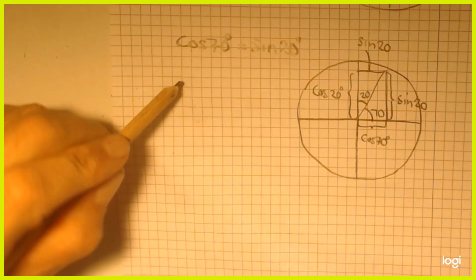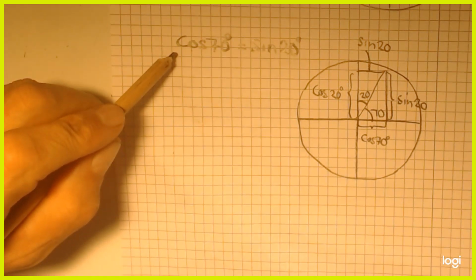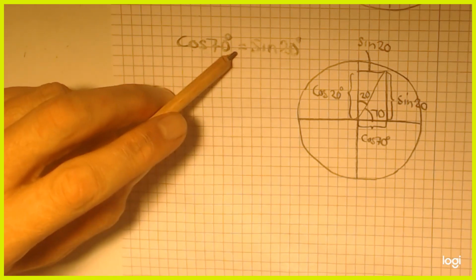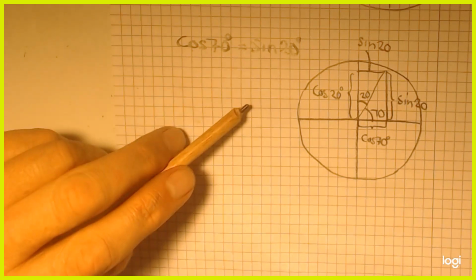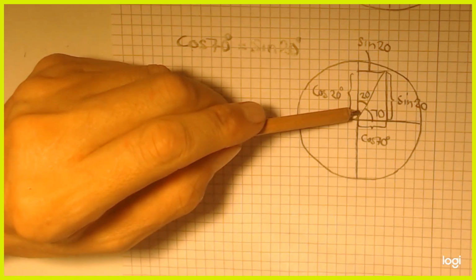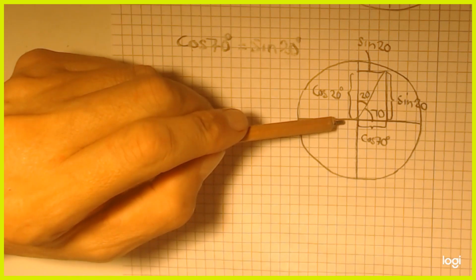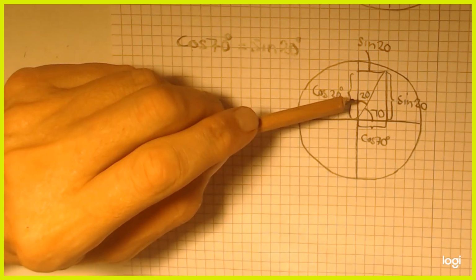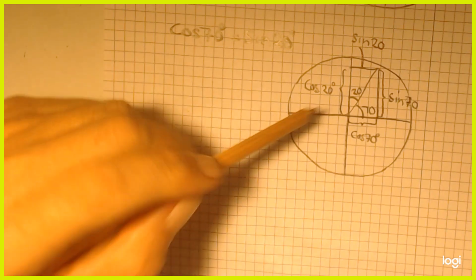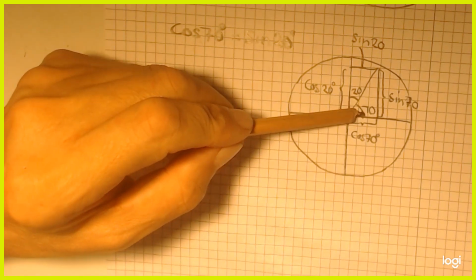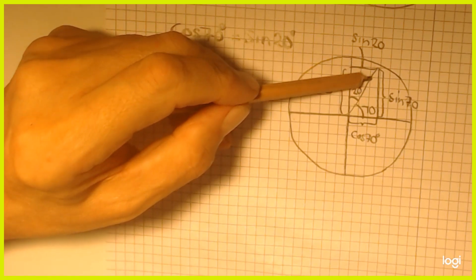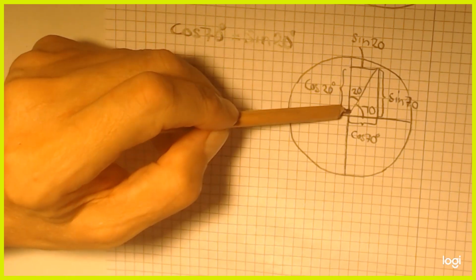Here we have another example. Show that cosinus 70 degrees equals sinus 20. So you see you have 70 degrees here, and this is 1 unit.